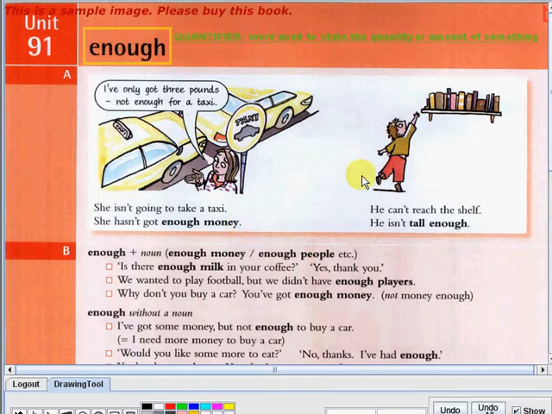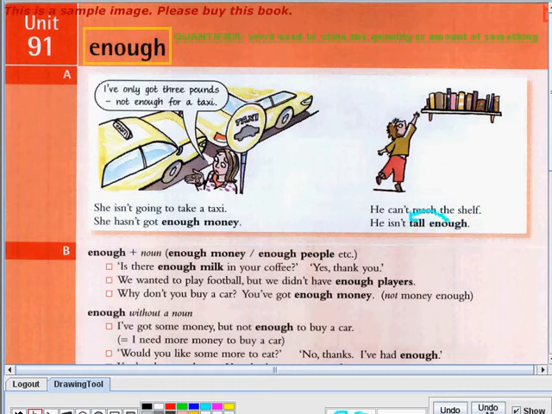Now let's proceed to the next sentence. He can't reach the shelf. He isn't tall enough. So as I've said before, the word enough normally comes after the adjective, which is tall.